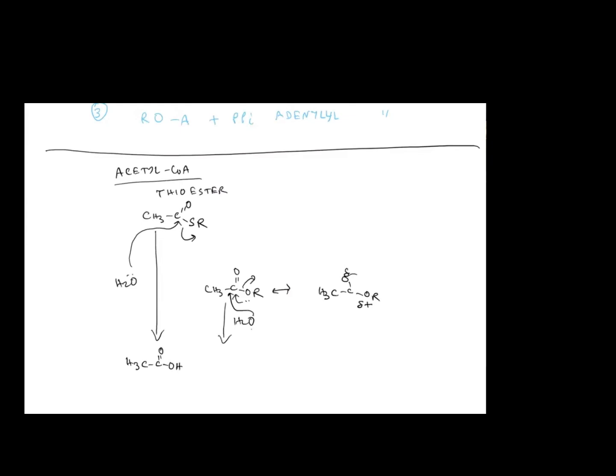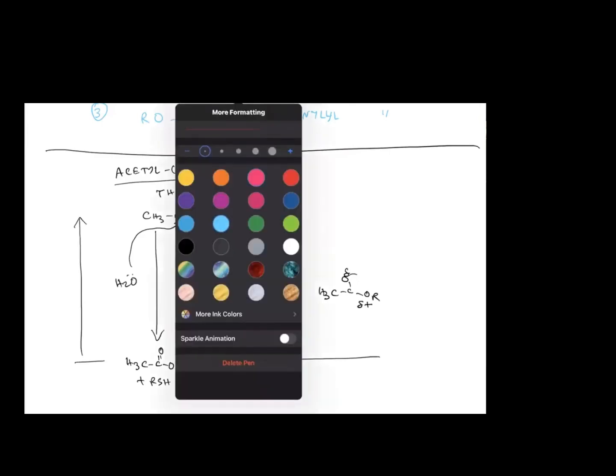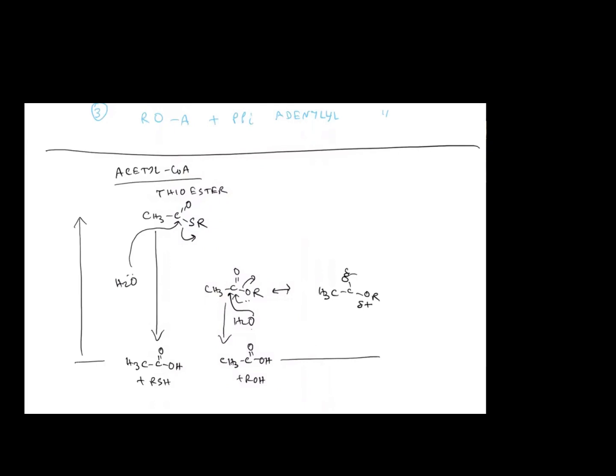Here we'll get RSH, and here we're going to get ROH. So the final delta G is the same for both, but because the relative free energy of the thioester was higher, the net delta G we get from hydrolysis of the thioester is going to be much higher than the ester.